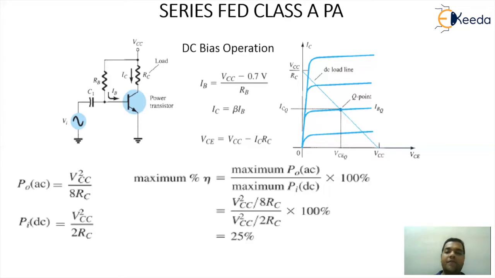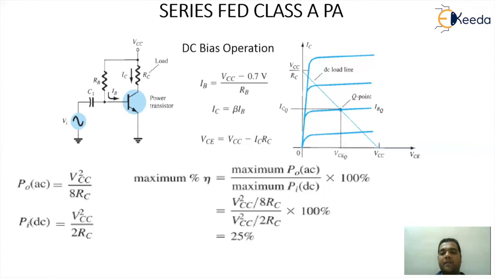That's the reason the efficiency will be a ratio of POAC by PIDC into 100, if we express it in the form of percentage. For the series fed class A circuitry, we have already found out the value of POAC as VCC square by 8RC and PIDC as VCC square by 2RC.